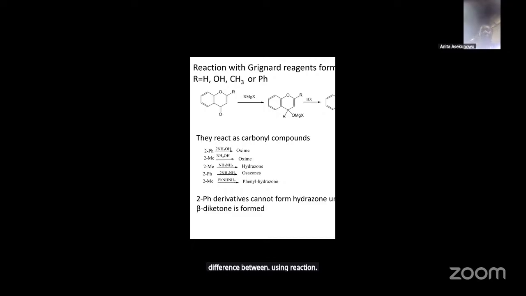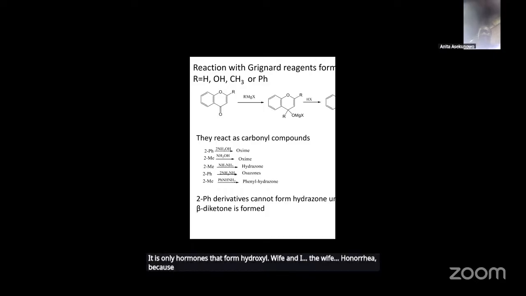Now, if you look at hydroxylamine, both flavone and chromone are going to form oxime. Okay. Now, if you look at using phenylhydrazine, it is only chromone that forms hydrazone. Why can flavone not react? Because of that phenyl.